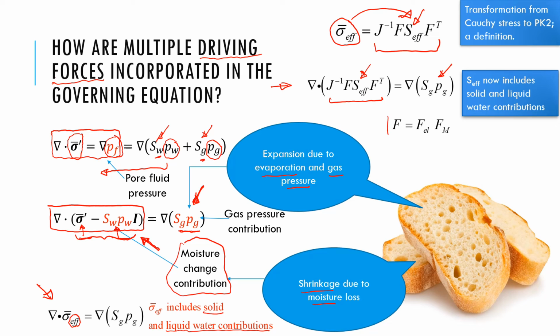We already discussed F. When we ignore any kind of temperature related shrinkage effect, then F is F elastic times F due to moisture, the deformation gradient due to moisture. And the deformation gradient due to moisture is simply the volume change.